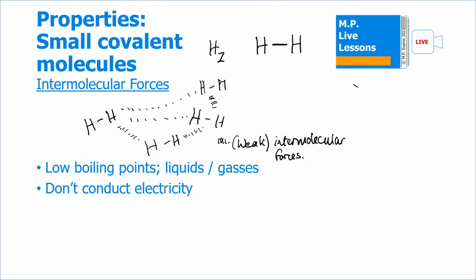We don't need to break the covalent bonds. And they don't conduct electricity because there are no ions in this, and even though they can move around, they don't have a charge at all, and they won't conduct a charge through its structure.